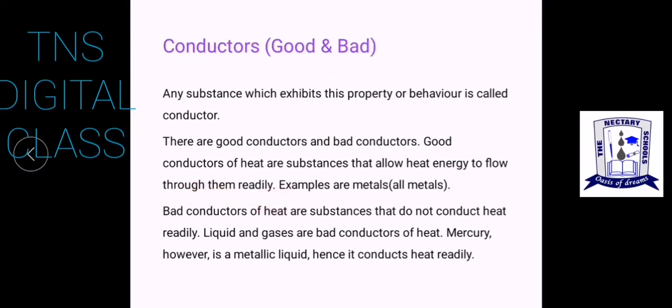So we say here that good conductors of heat are substances that allow heat energy to flow through them readily, or say easily. Examples of such substances are metals. Generally, all metals are good conductors, either of heat or of electricity. Now the other type of conductors, bad conductors.